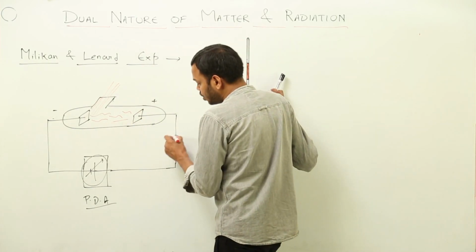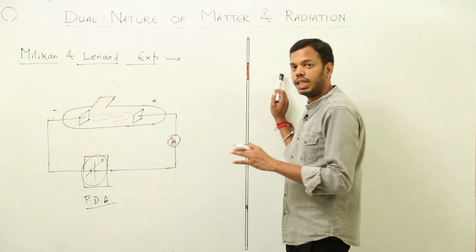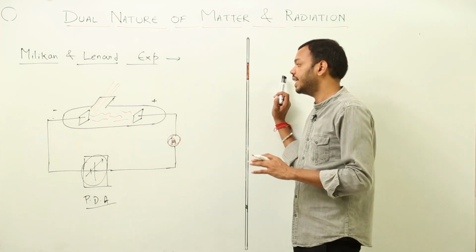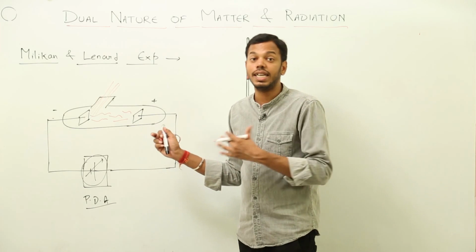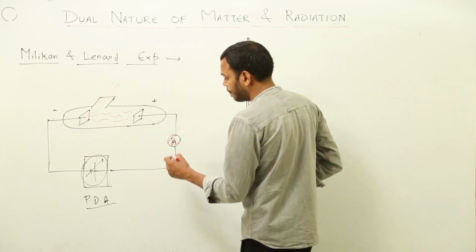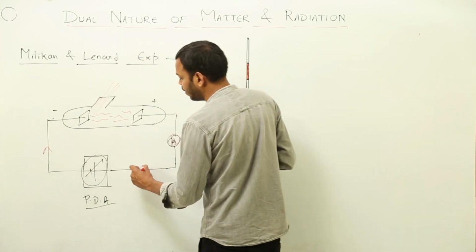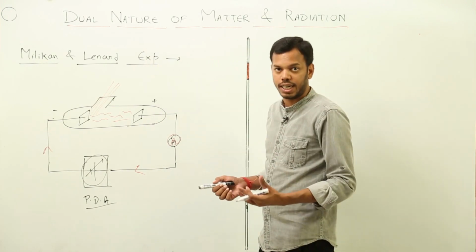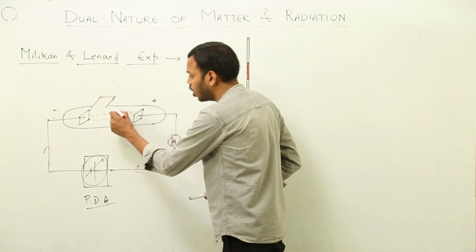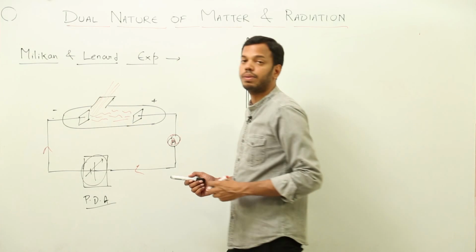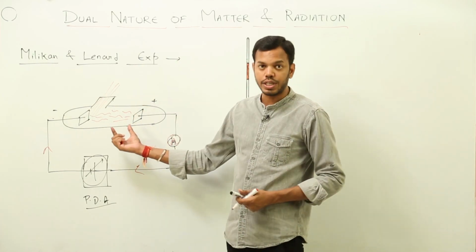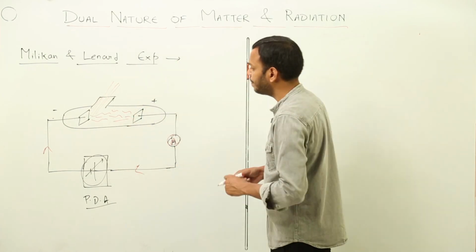Now the presence of current in the ammeter showed that photoelectric emission is existing. Then the terms were changed. For example, the current flowing in this circuit was called photoelectric current instead of current. The electrons flowing from this plate to this plate were called photoelectrons instead of electrons, right?